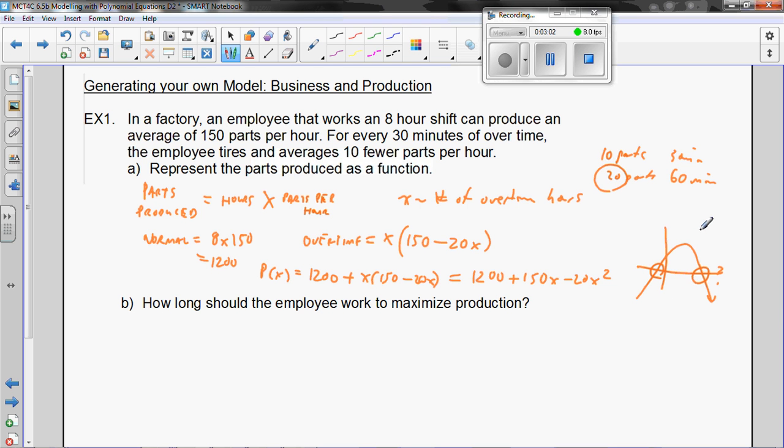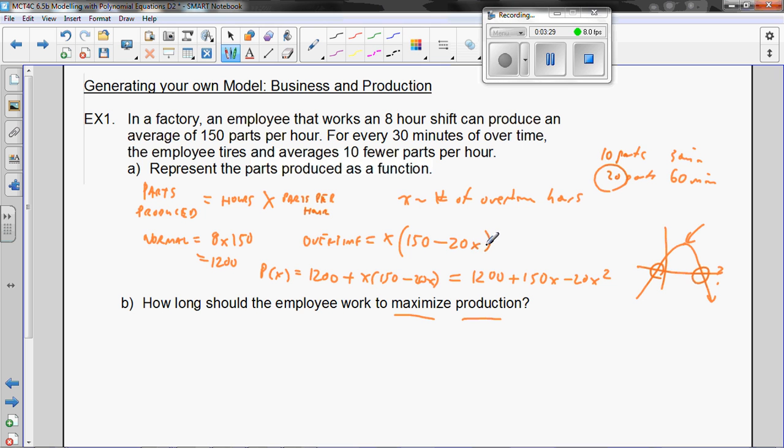But the idea here is we want to find the maximum production. There's the production function, and it's a function. The independent variable is the number of hours of overtime. Right? At some point the employee will get too tired and won't be producing any parts anymore, right?